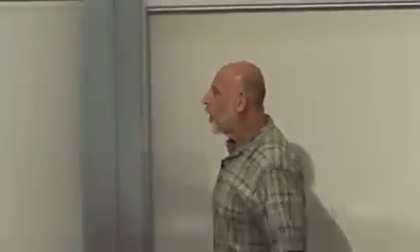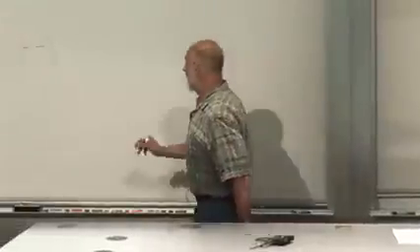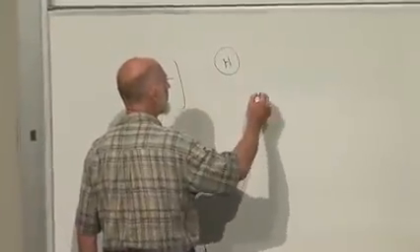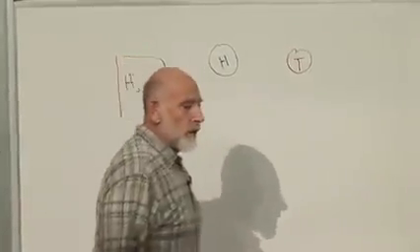Now what about laws of motion? Now we're going to make up some laws of motion. For this coin that just sits here, the law of motion is very, very simple. Let's put two circles here. One stands for heads and one stands for tails. What is the law of motion of this particular coin sitting on this particular table?